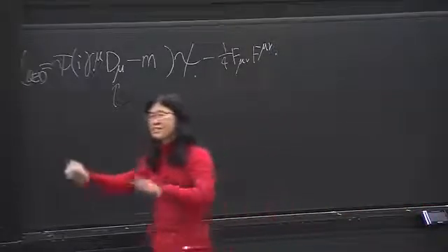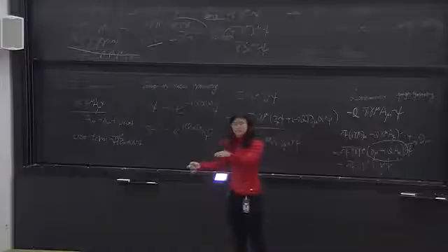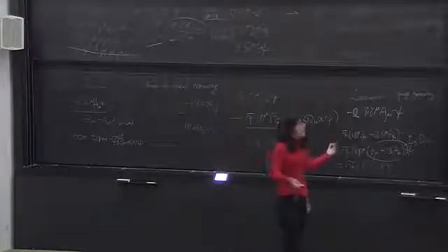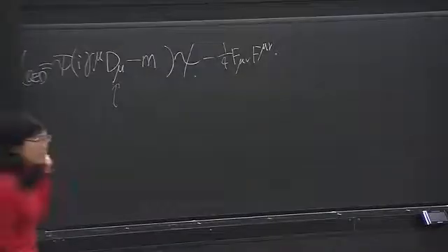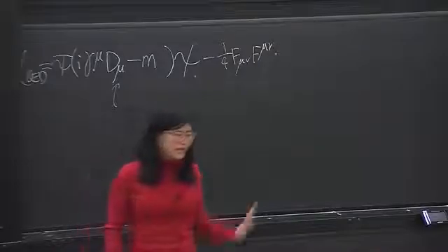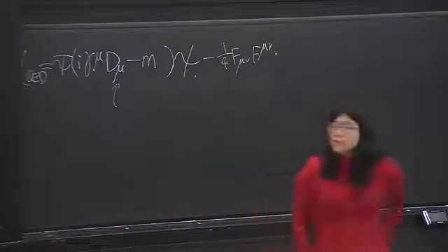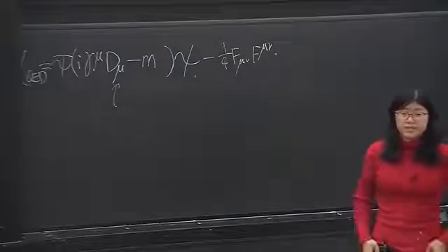Remember that you just change partial mu to the covariant derivative, and you get a GR theory, or you change your metric too. In this case it's the same. Whenever you have a gauge interaction, you just change your partial derivative into the covariant derivative, and all the interaction will be taken care of, respecting the gauge symmetry. It's neat, isn't it?